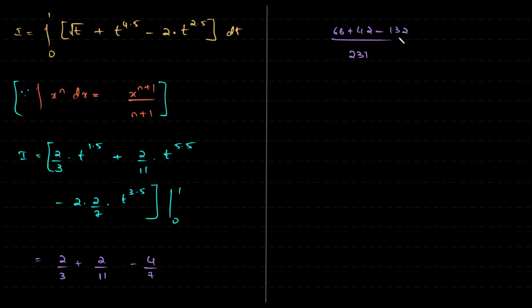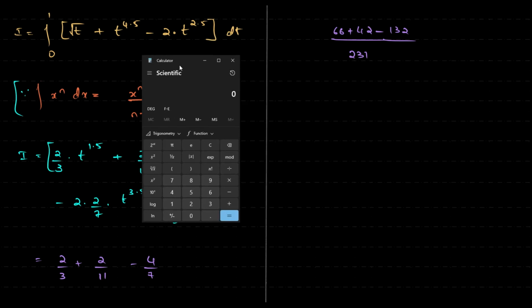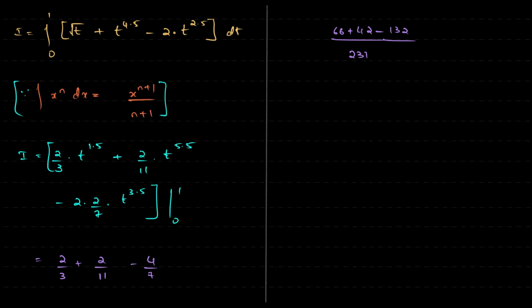Hopefully I'm right with this. Then it's a matter of subtracting, which is 44 plus 66 plus 42 minus 132. Hopefully I didn't make any mistake. 3, 33, 66, 21, 21, 42, that's correct. This looks to be correct.